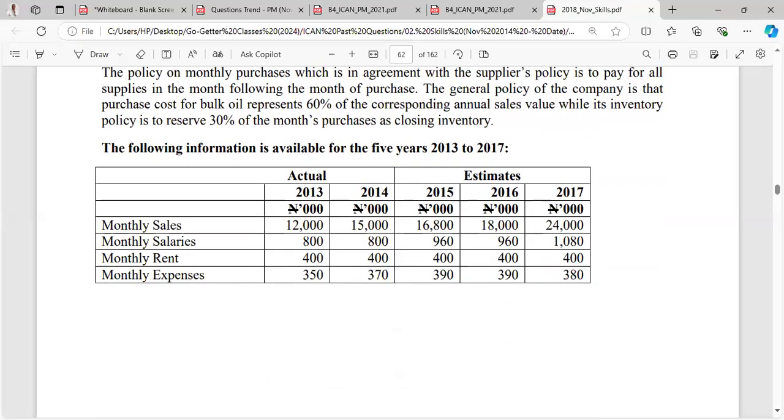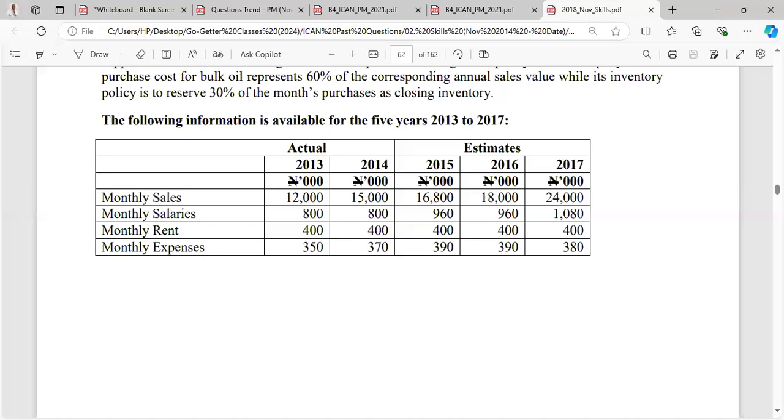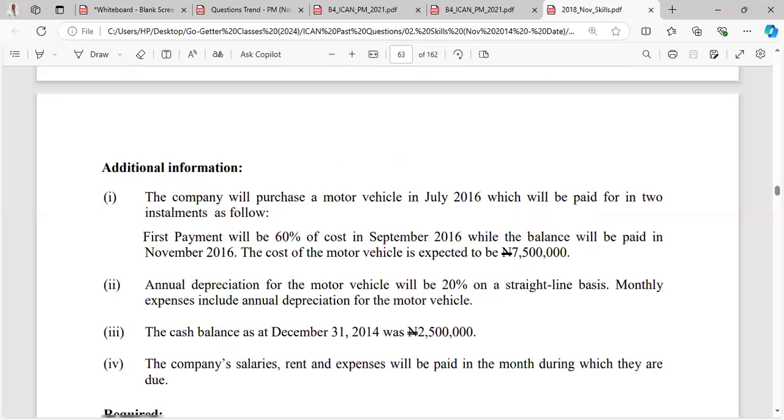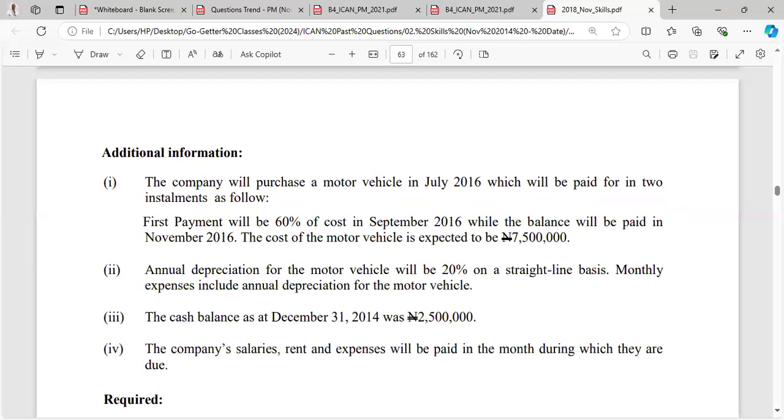Then we are required, the company will purchase a motor vehicle in July, which will be paid in 2 installments as follows. First payment will be 60% of cost in September 2016, while the balance will be paid in November.